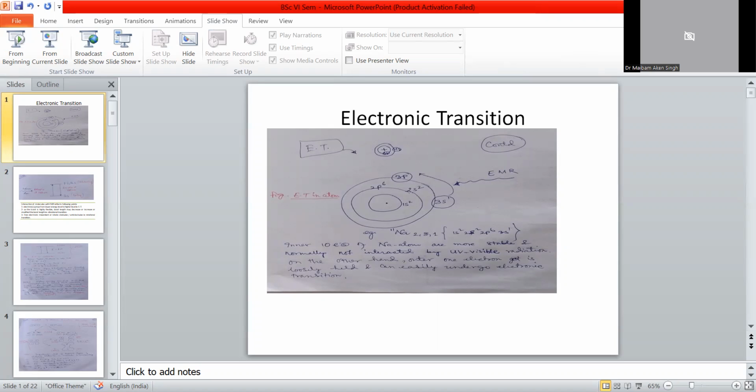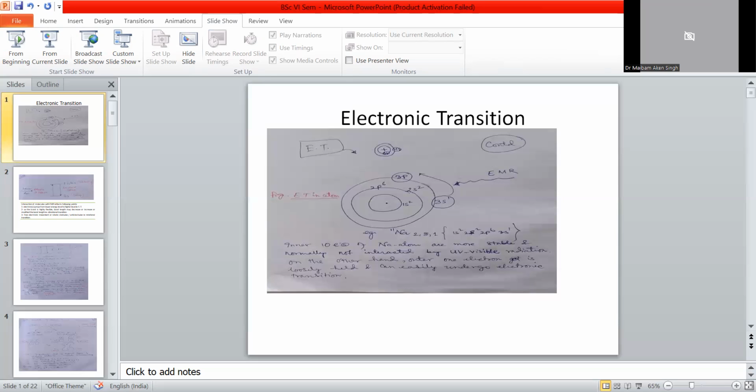A general example is the excitation or transition of a 3s electron to 3p, because they are in the same energy level. After absorption of suitable energy, one electron from 3s jumps to 3p, which is higher, but this state is unstable, having higher energy, so it goes down to the lower energy level, releasing some radiation, and we can see some color.